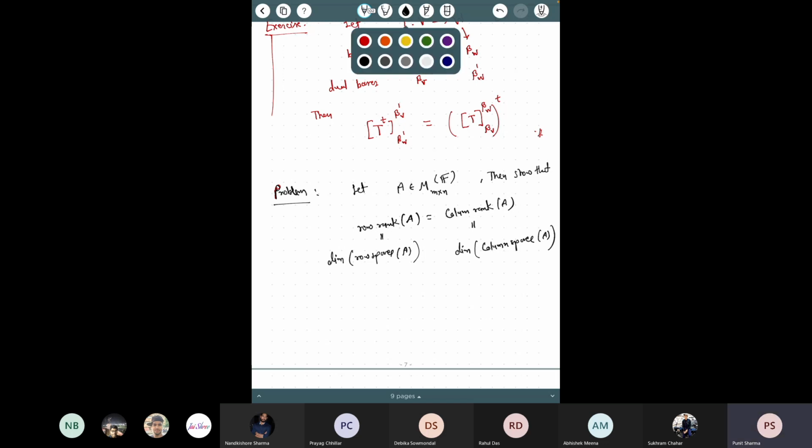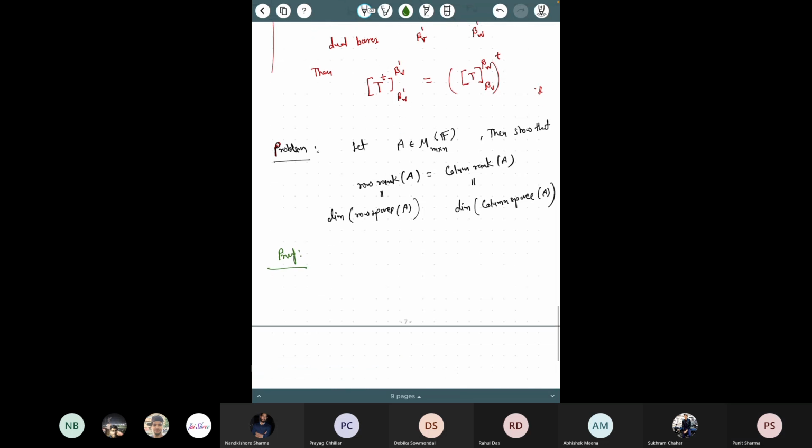Now this we can prove by using the previous result. So how to prove this? I am given a matrix A, so I can define a linear transformation T from Fn to Fm such that the matrix of T with respect to the standard basis is the given matrix A. Right?